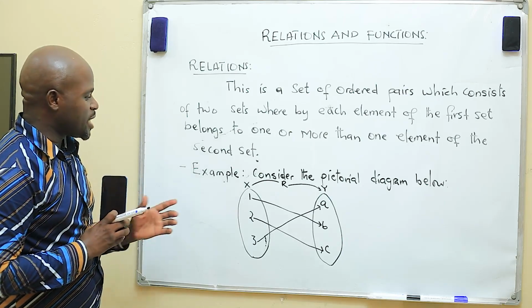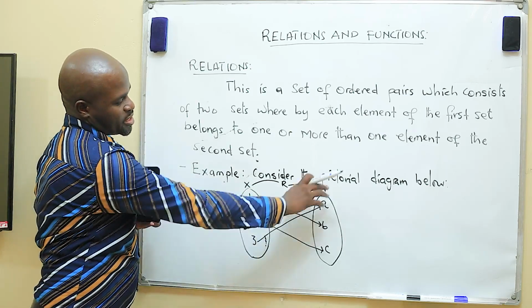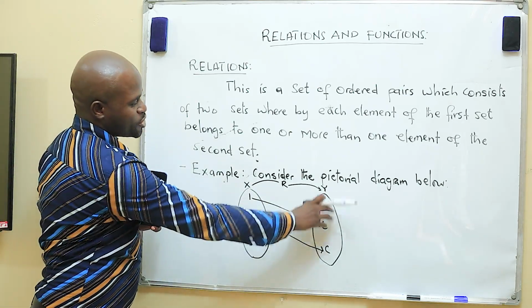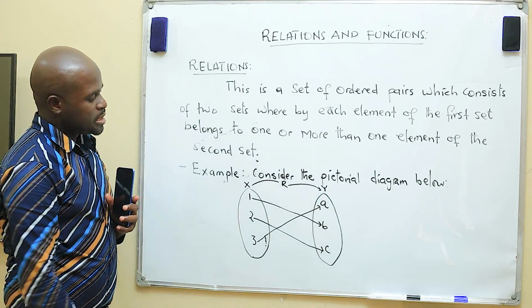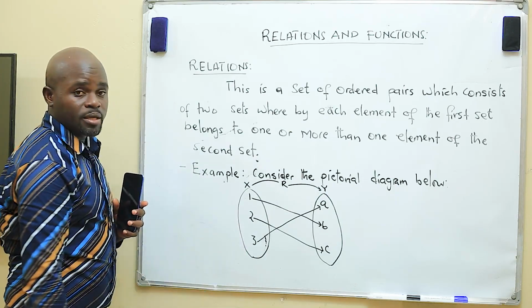So this pictorial diagram, this pictorial picture, it represents two sets, set X, the first set, and set Y, the second set. And these are elements of the first set, which are 1, 2, and 3.